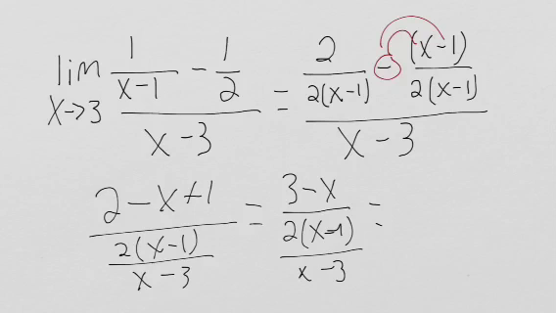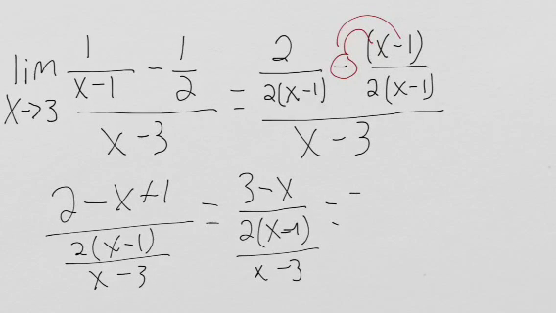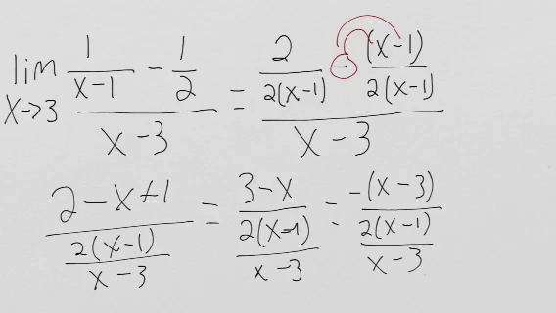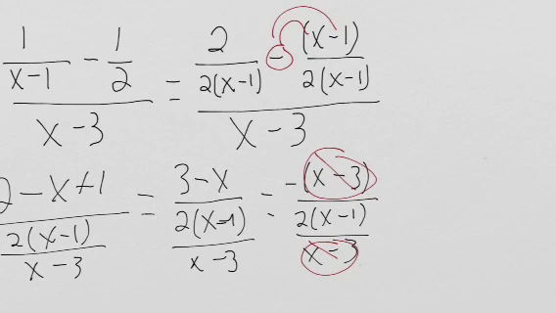And then when we factor out our negative to make it so we have the matching factor on top and bottom, that gives us negative x minus 3 over 2 times x minus 1 over x minus 3. When you have that sandwich, we're going to cancel the bread. So now we have negative 1 left on top. On bottom we have 2 times x minus 1.